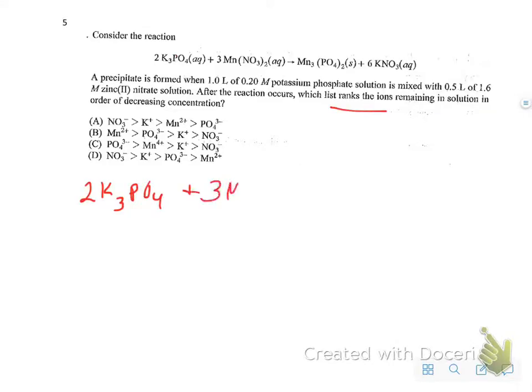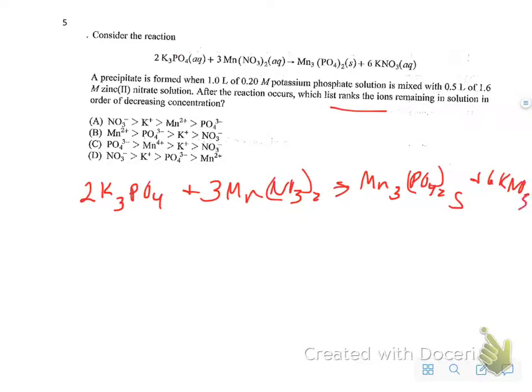And so I'm just going to rewrite the equation. The key thing here is I want to make sure that I identify that this is a solid. Okay, so if I just look at what I'm starting with, I'm starting with 1 liter of 0.2 molar. So remember, molarity is moles over liters, so moles is equal to molarity times liters.